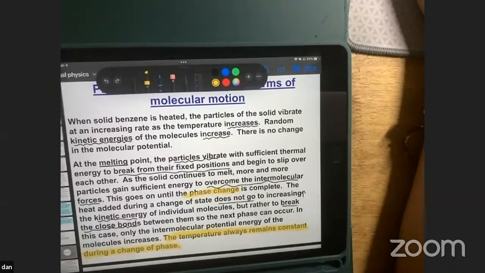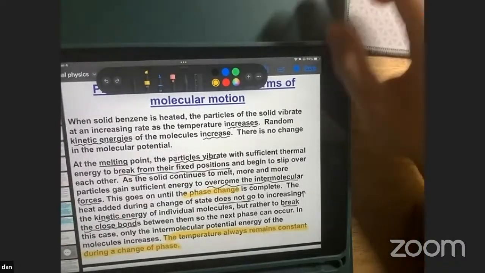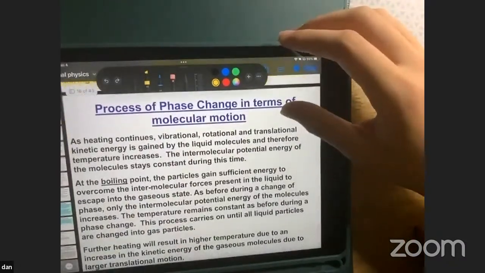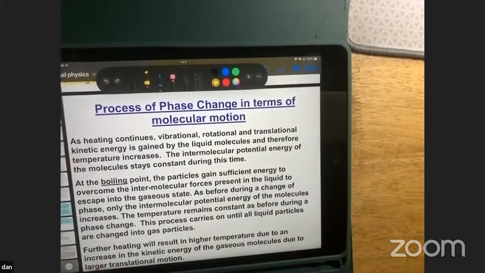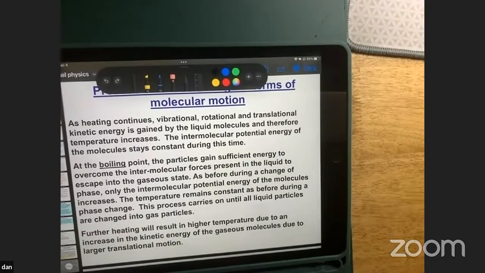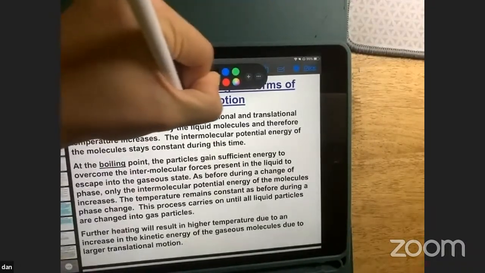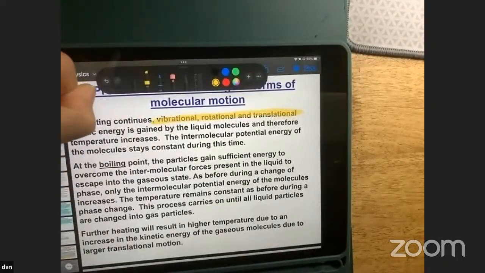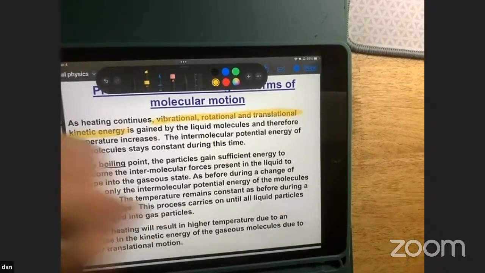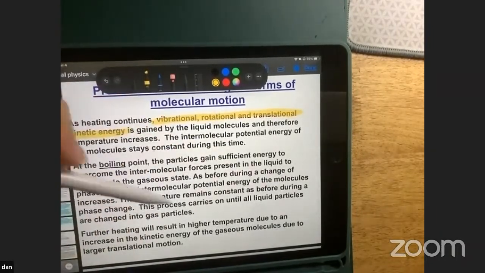Now, when you're happy, go ahead. Right, vibrational, rotational, and translational kinetic energy. What is this? So this is from liquid to gas at boiling point, they gain sufficient energy to overcome the intermolecular forces.